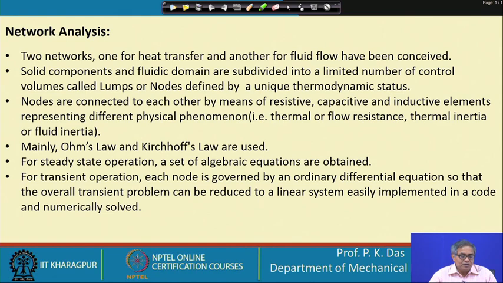Let me explain what is solid component and what is fluidic domain. Solid component is the wall of the heat pipe that takes part in heat transfer, because it is a metal and it should be conducting, otherwise the heat pipe will not work. Then adjacent to the metal wall we will have the wick.